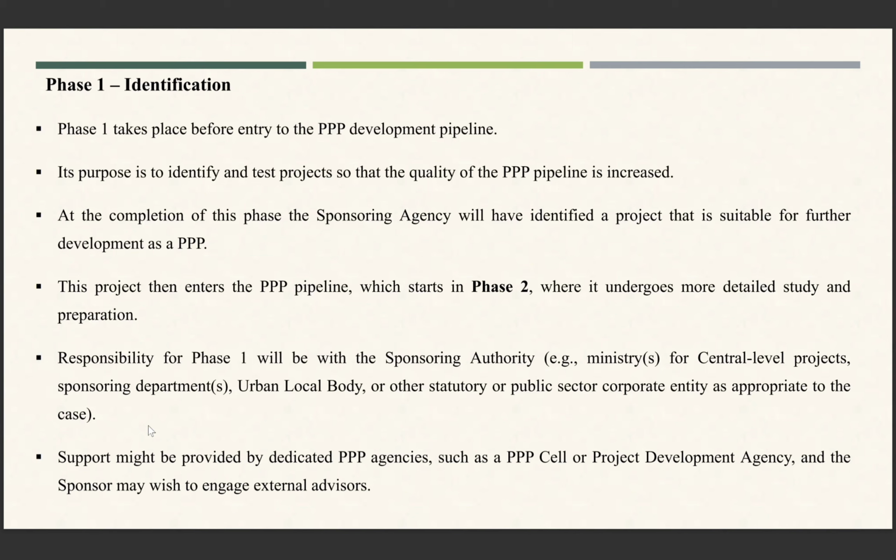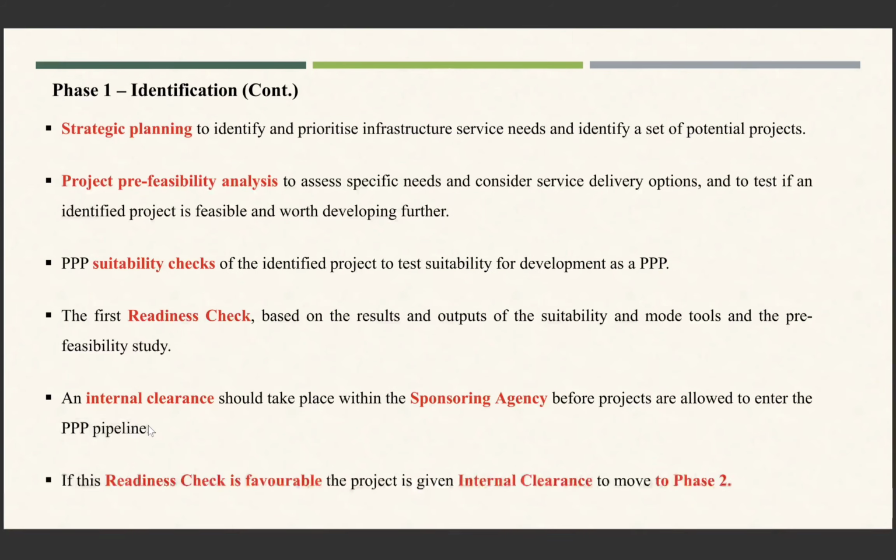Responsibility for phase one will be with the sponsoring authority like the ministries, and support may be provided by dedicated PPP agencies such as a PPP cell or project development agency, and the sponsor may wish to engage external advisors.